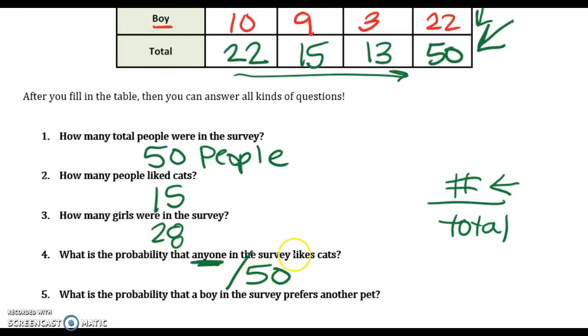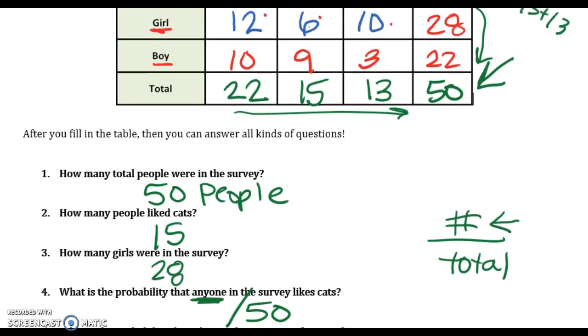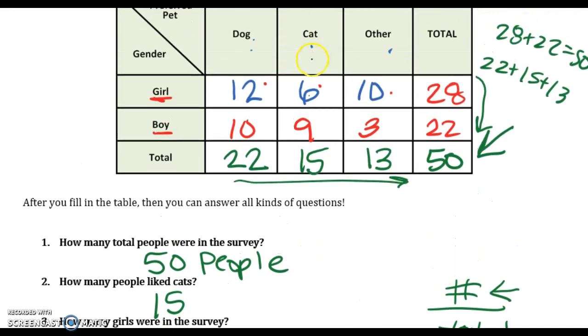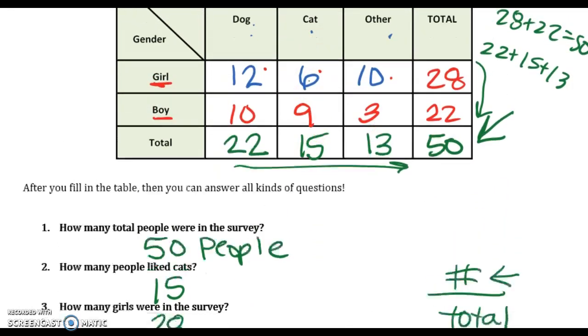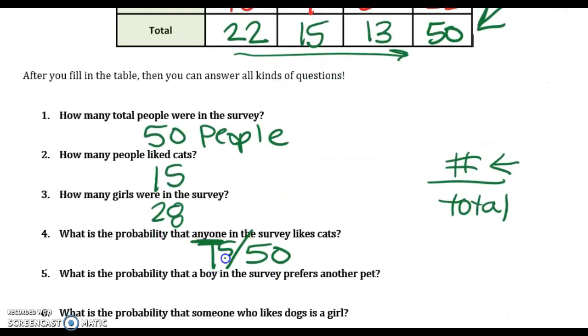Let's go up to my cat column here. 15 people like cats out of the whole 50. So 15 out of 50. We can reduce that. They're both divisible by 5, so it would be 3 out of 10. Whenever you're talking probability, you always want to reduce your fraction.